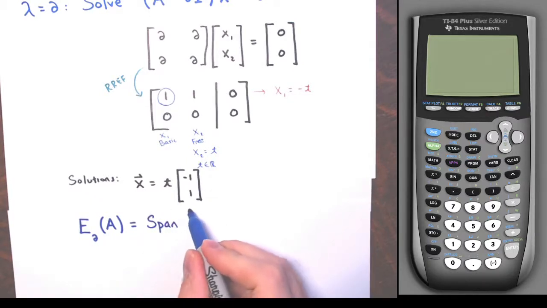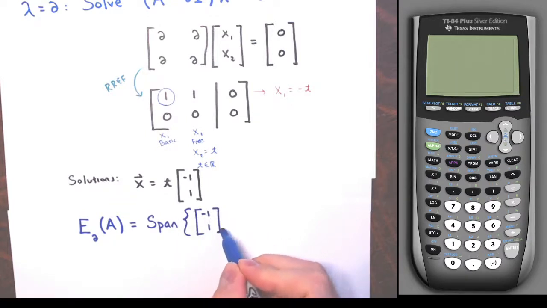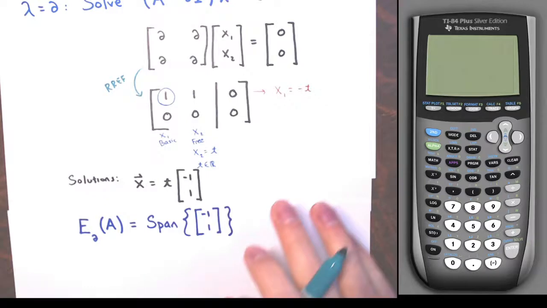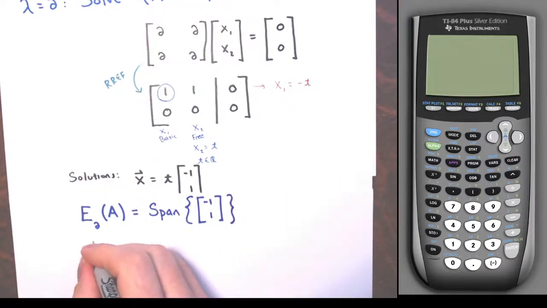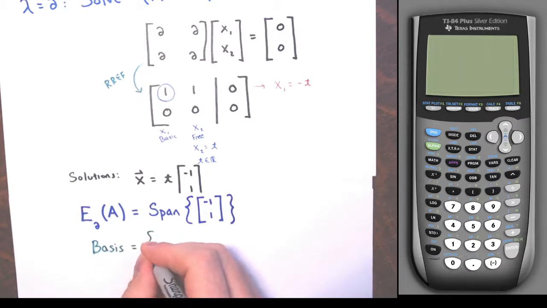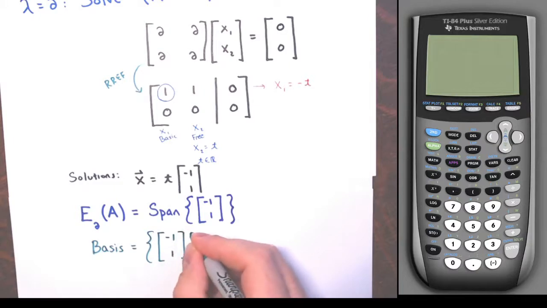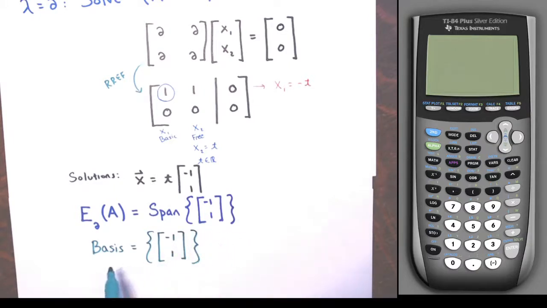It is the span of the set with the vector -1, 1. So I have a basis for this space. A basis for this space is the set with the vector -1, 1, clearly. So that's one of the bases, just the one corresponding to lambda equals 2.